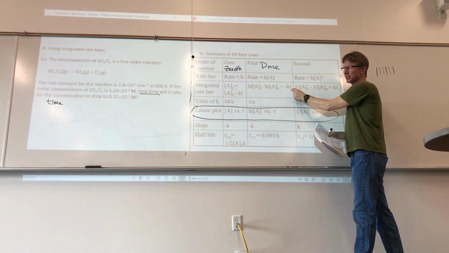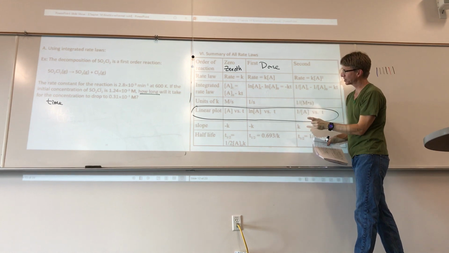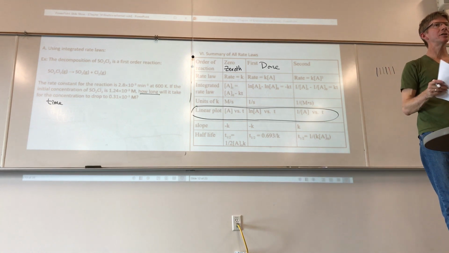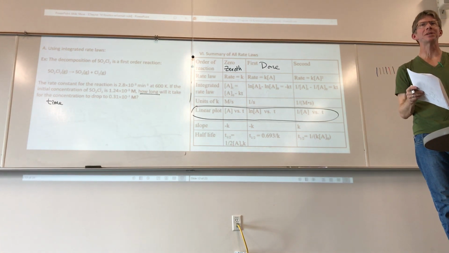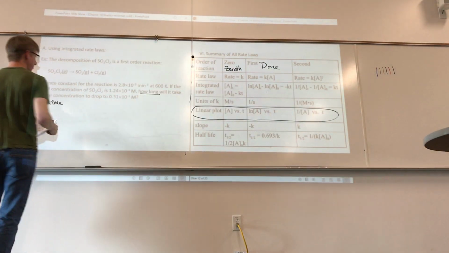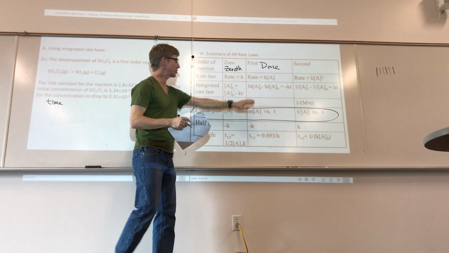When you're solving for time, this is the version of the integrated rate law that you want to use. When you're solving for final concentration, you want to use the version that has the exponential. But we're solving for time. And so I'm going to write out a version related to this.